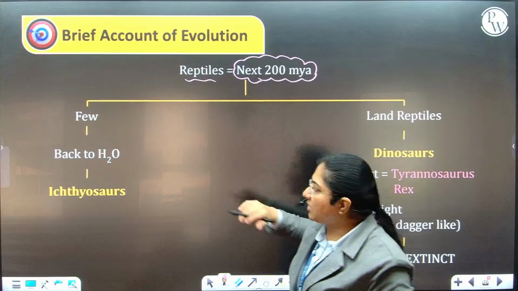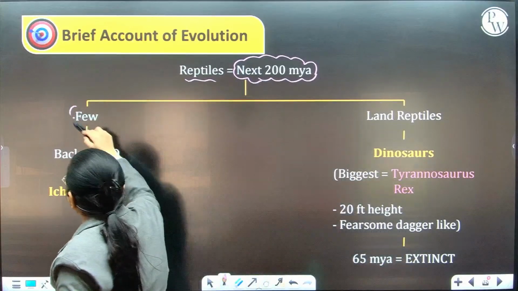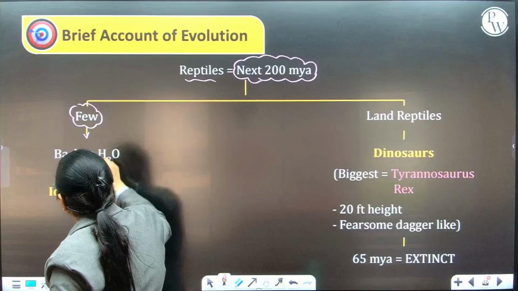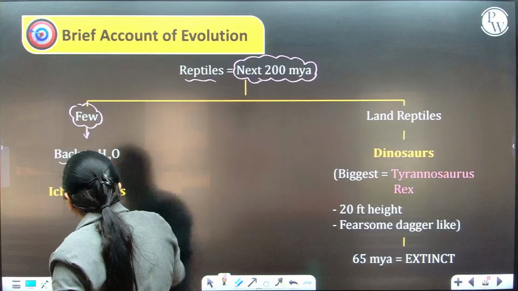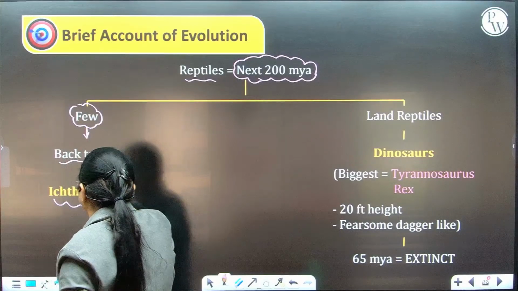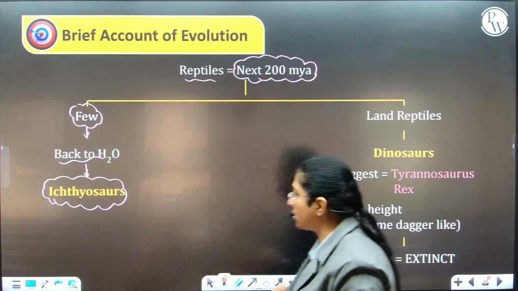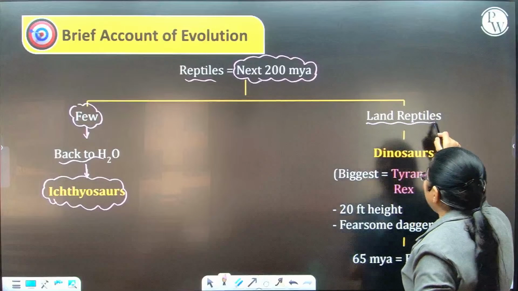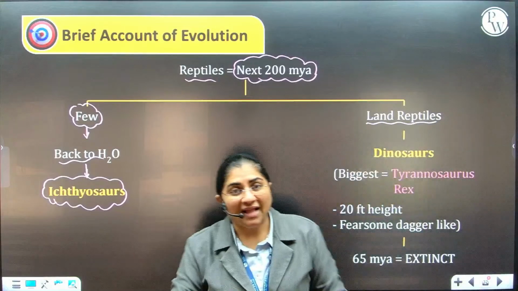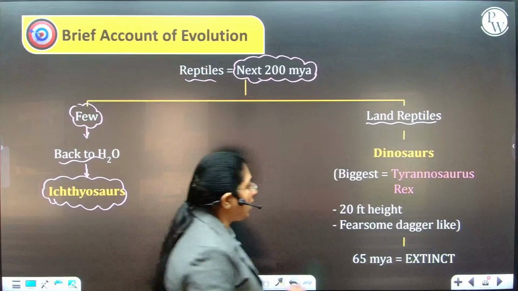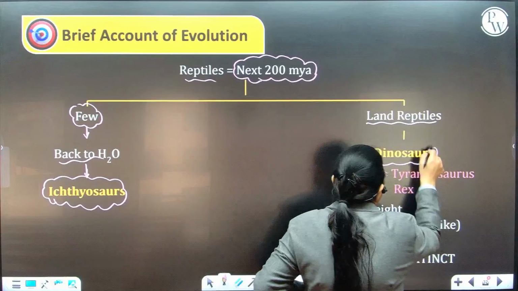Now of these reptiles, a few went back to water. When they went back to water, they evolved into ichthyosaurs, the aquatic variant. But some of them remained as land reptiles. And among these land reptiles were the dinosaurs.